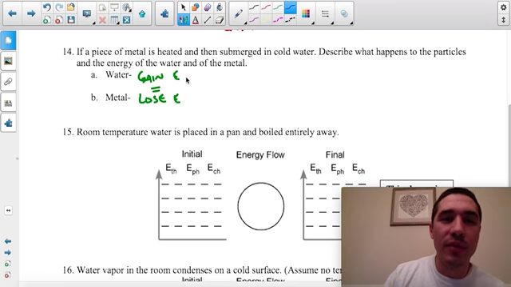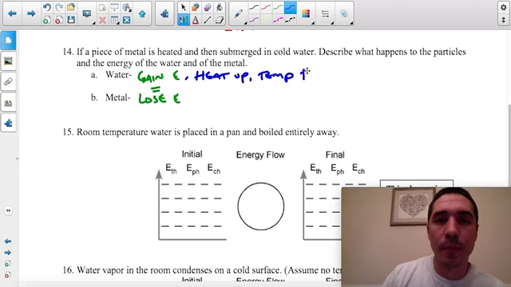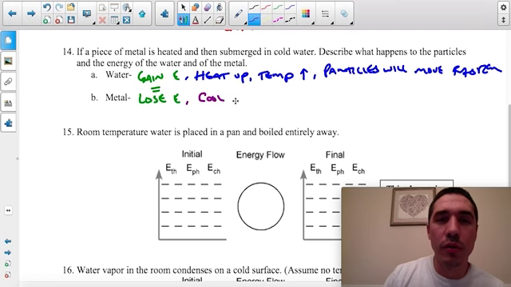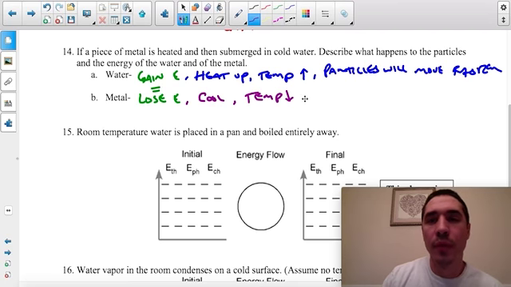In that process, the water is going to heat up, meaning the temperature goes up, so the particles are going to move faster. And the metal is going to cool, meaning the temperature will go down, which means the particles will move slower.